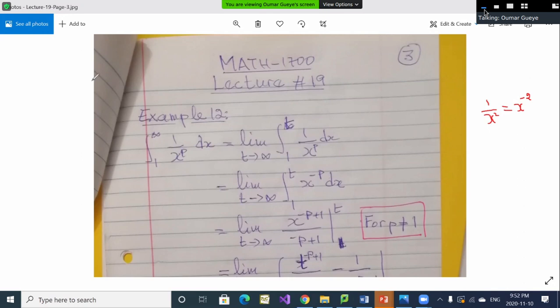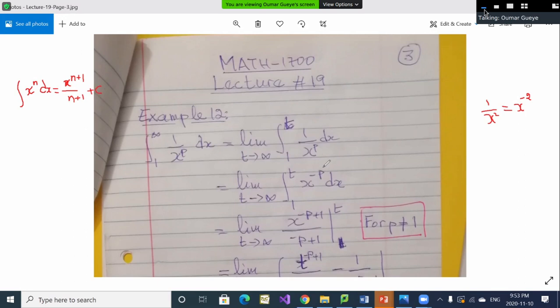What the power rule says is, if you integrate x to the power n, no matter what n is, the integral, which we did I guess 2 or 3 weeks ago, is x to the power n plus 1 over n plus 1. This is our rule for the integral, plus now the constant c.